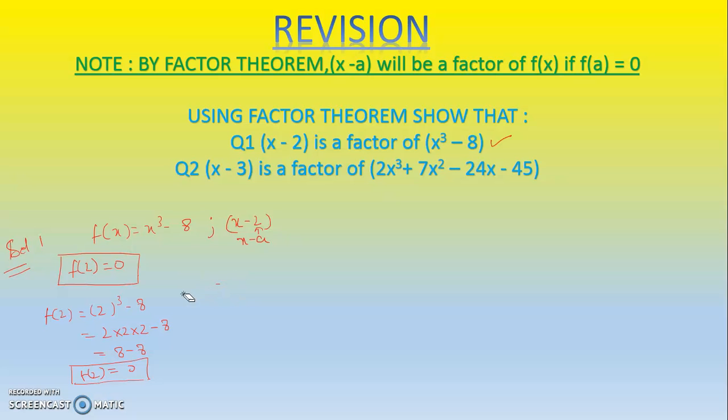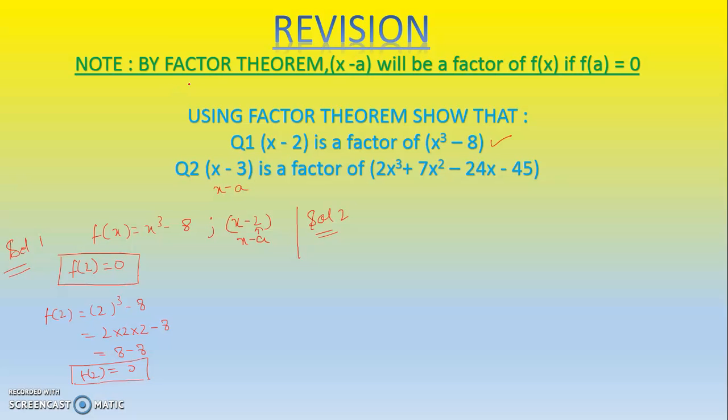Okay, now see second question. Same concept. See solution 2. It says x minus 3 is a factor of this. So this is f(x) and this is x minus a. You can compare x minus a.